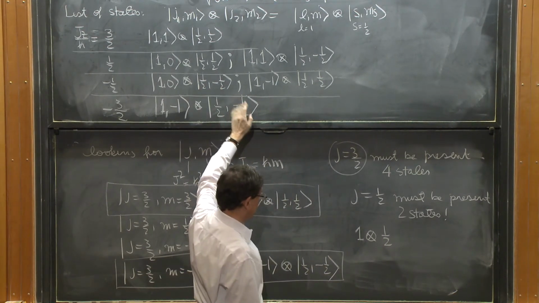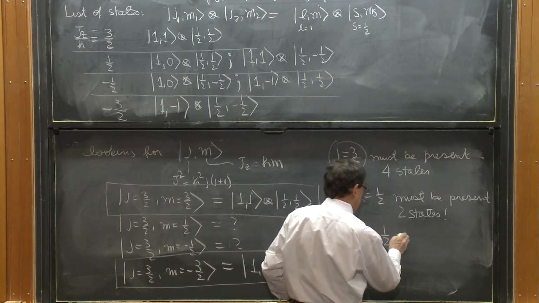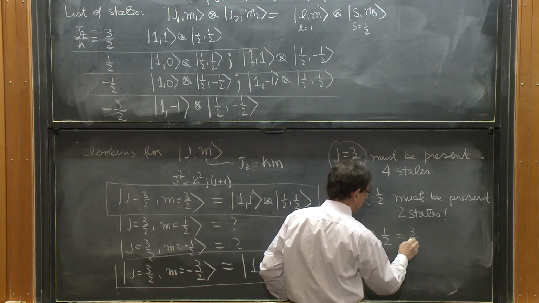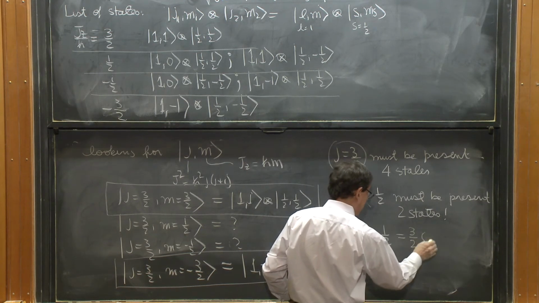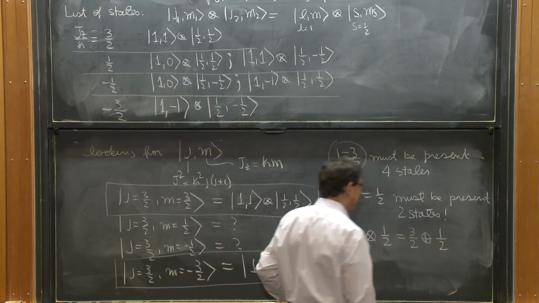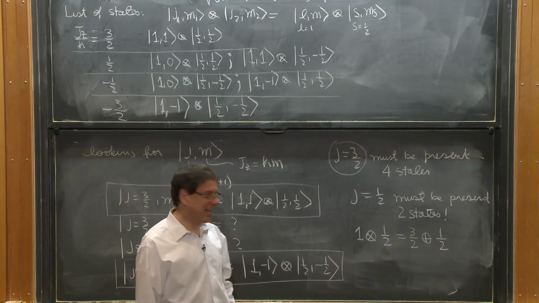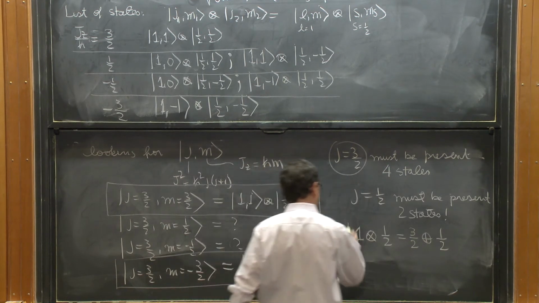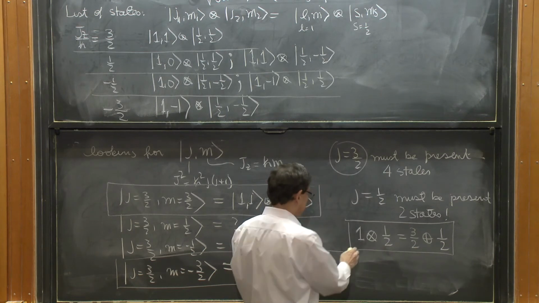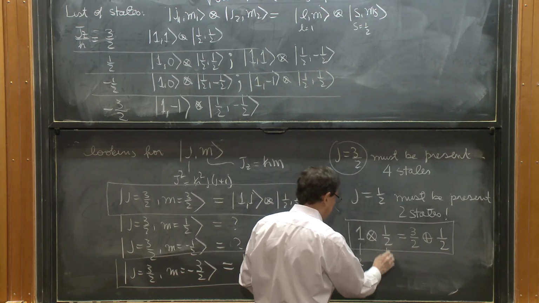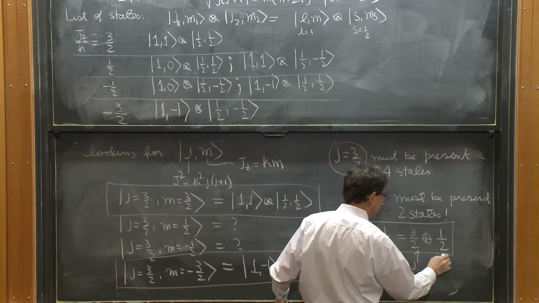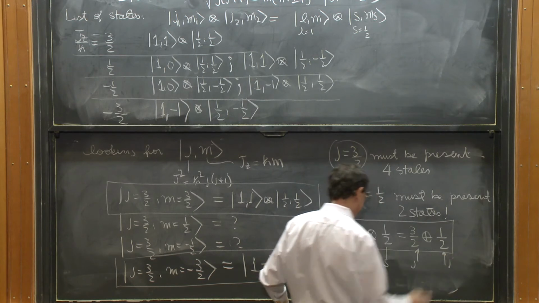It actually gives us a j equal to 3/2 direct sum with a j equal to 1/2. So this, in a way, encapsulates the whole physics of this. This means L equals 1 times S equals 1/2 gives you j equals 3/2 plus j equals 1/2.